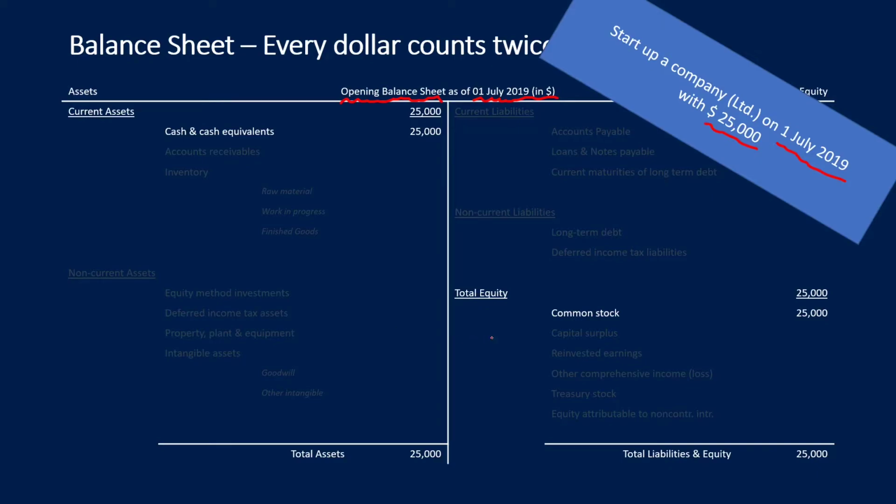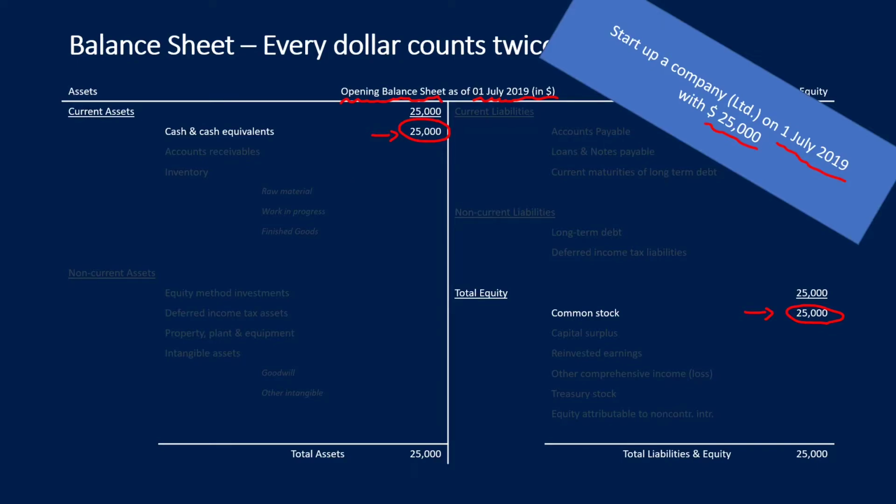Of course, we have put this money into our company. So we have raised some 25,000 and I have put it into the company. And what did the company do with the money? They have put it into the cashier desk. So we see the same 25,000 on both sides of the balance sheet, where it comes from and where it is put.